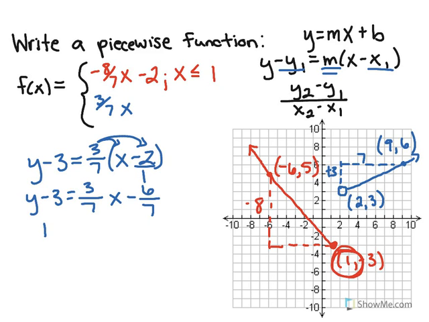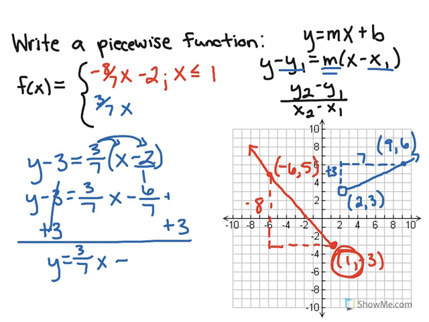All right, we're almost to the end, so I'm going to add 3 to both sides. What this is going to give me, and I have to make a fraction out of this, if I add 3 to negative 6/7, if that were in terms of sevenths, that would be 21/7. Think about it.